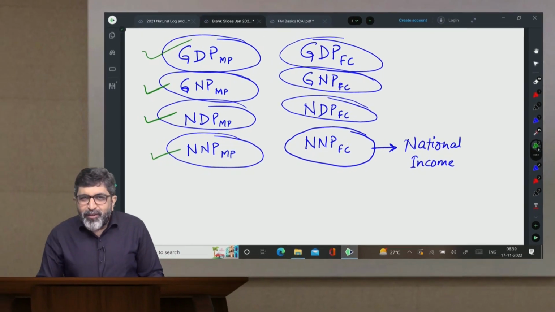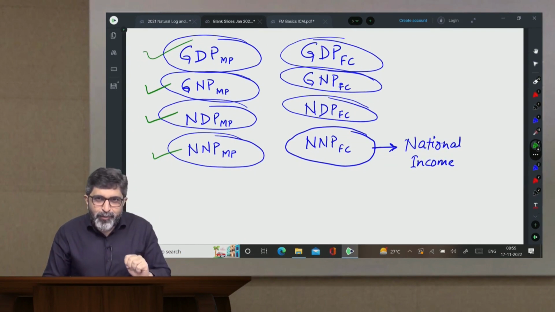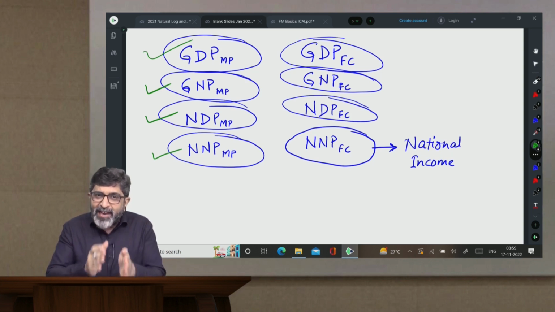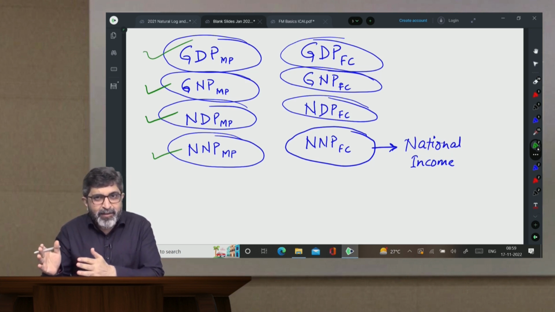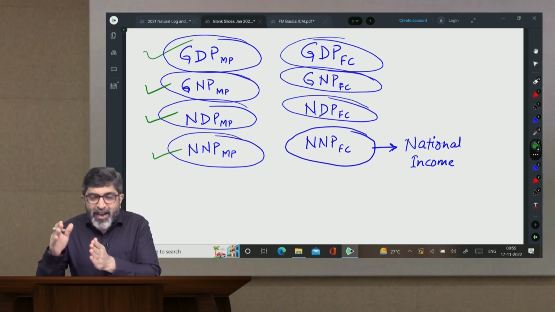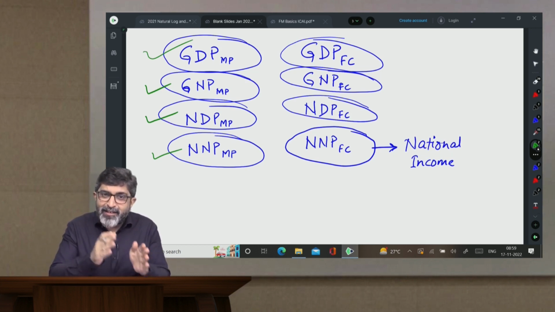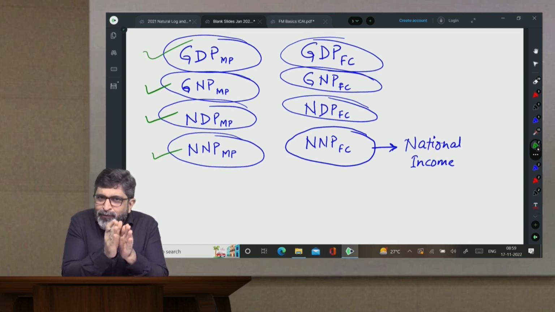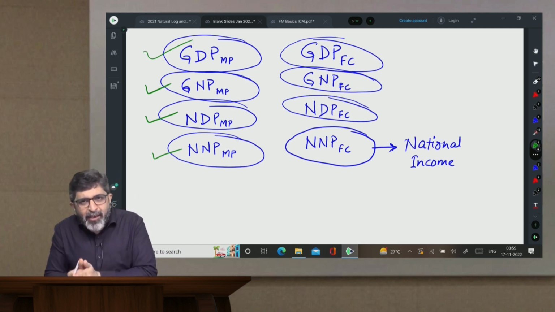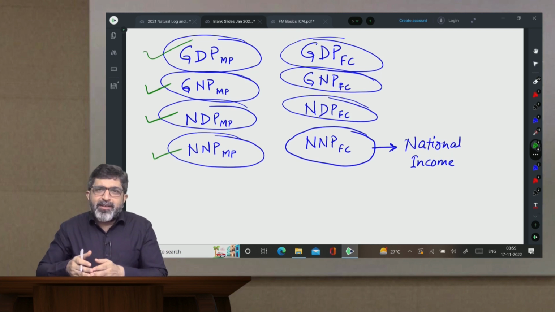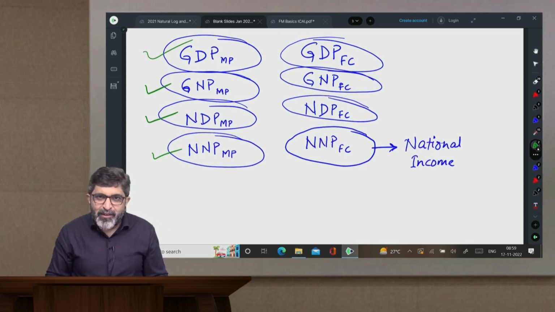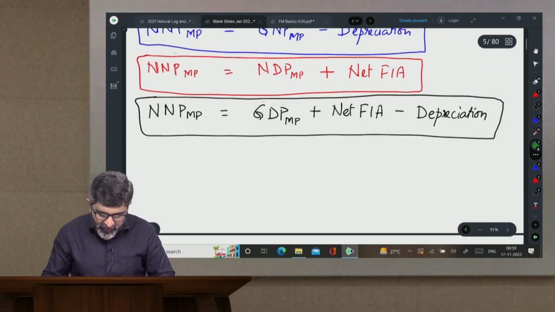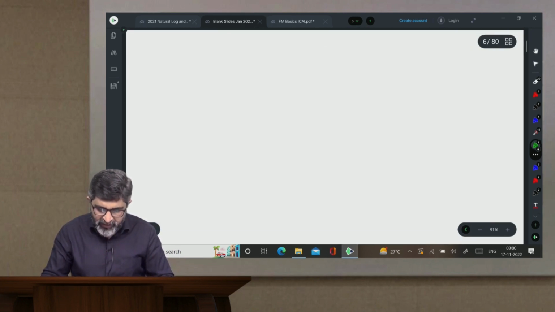So now 4 parameters we have understood: gross domestic product at market price, gross national product at market price, net domestic product at market price, and net national product at market price. Now if we just shift the base from market price to factor cost, the next 4 parameters get ready instantly. So let us talk about that now, and for your reference let me expand the screen size once again.